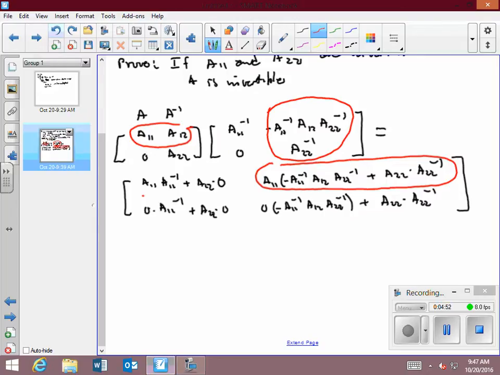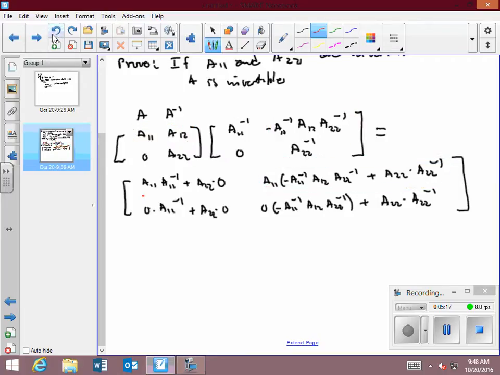It's the row times the column that gives you the row and column entry for that. So when you're doing this one, you're taking this one times that one.